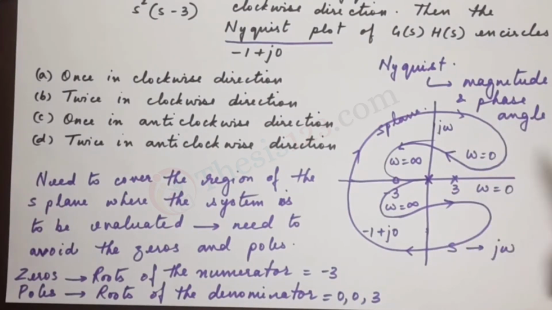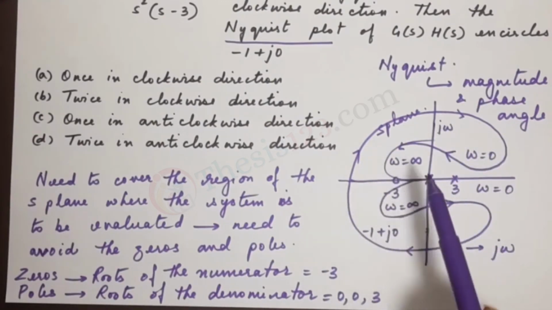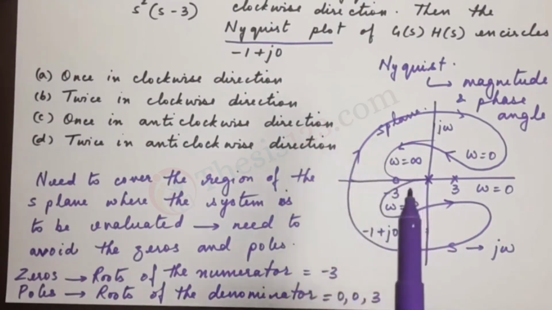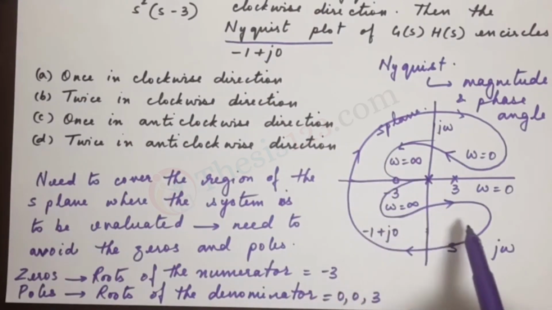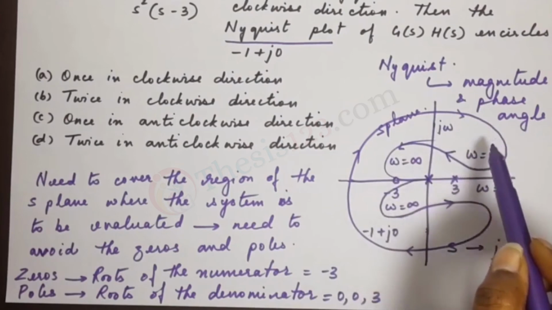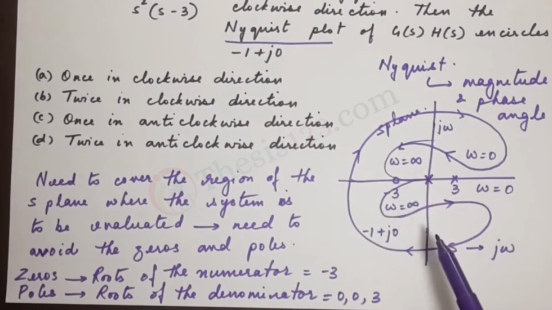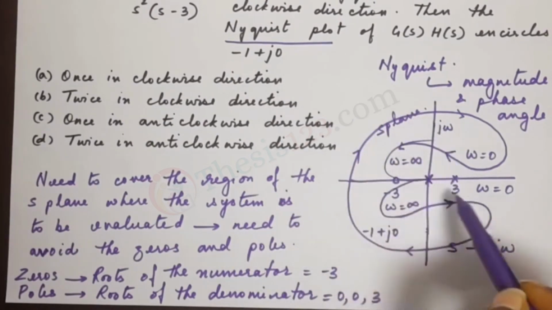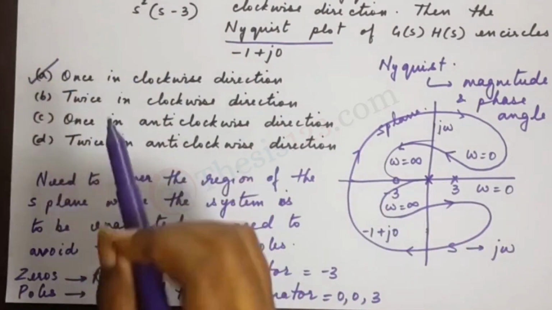The direction starts from 0 and goes in the clockwise direction, and because it is symmetric, the flow of the plot stops where it starts, which means that it encircles only once, it cannot encircle again. Now, because there are mirror images of the radius omega is equal to infinity, it will go just once, and that means A is our right option.